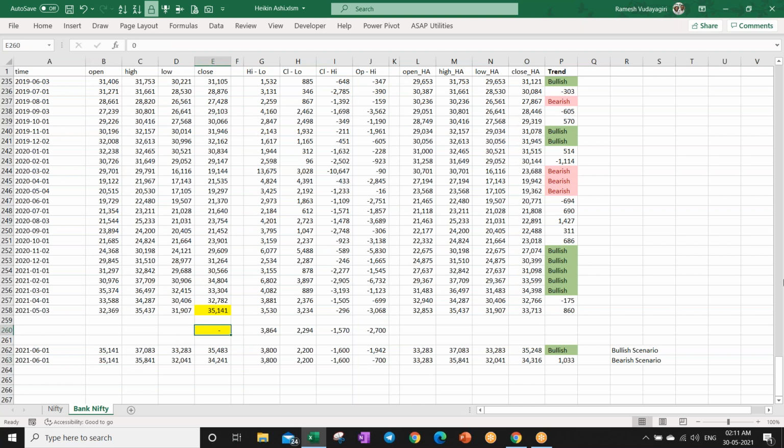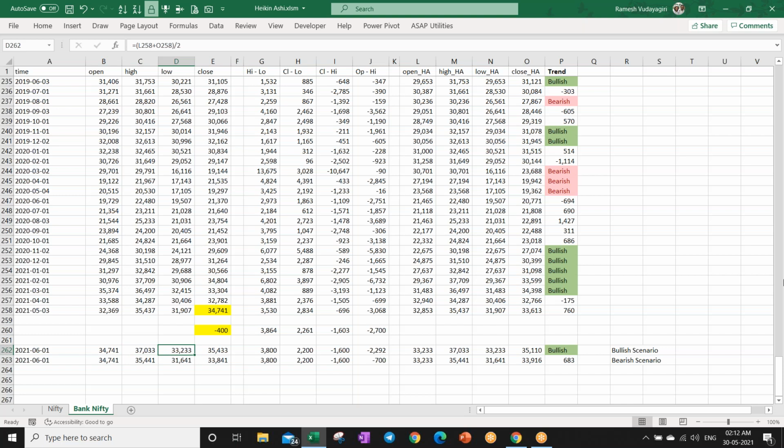Assuming tomorrow, Monday, I'm expecting a 400 points down closing. Our opening level is 34,741, and if open equals low, that is a bullish scenario. Even in the best scenario, we have to visit the 33,000 level on the downside.